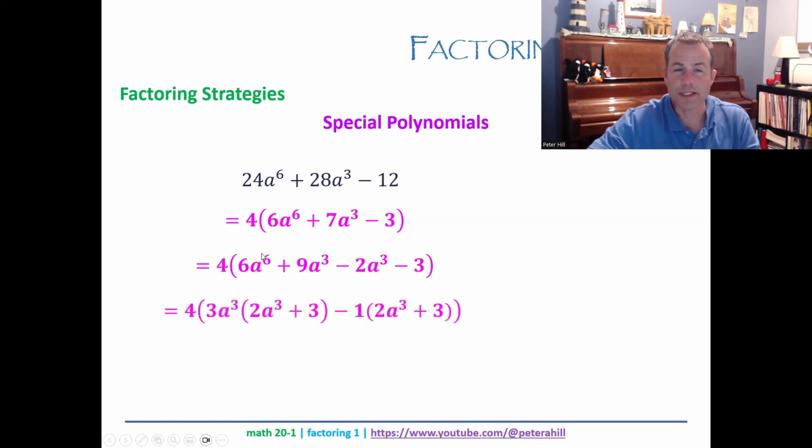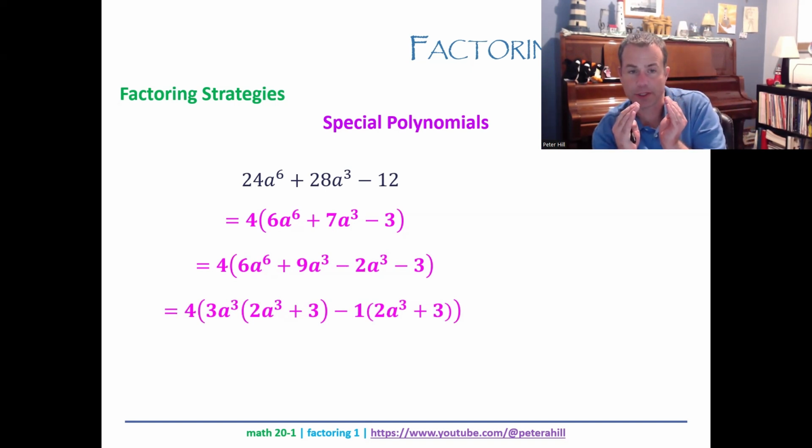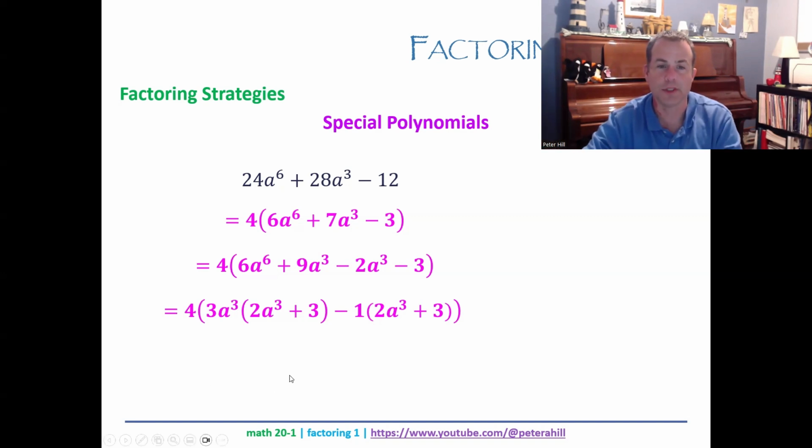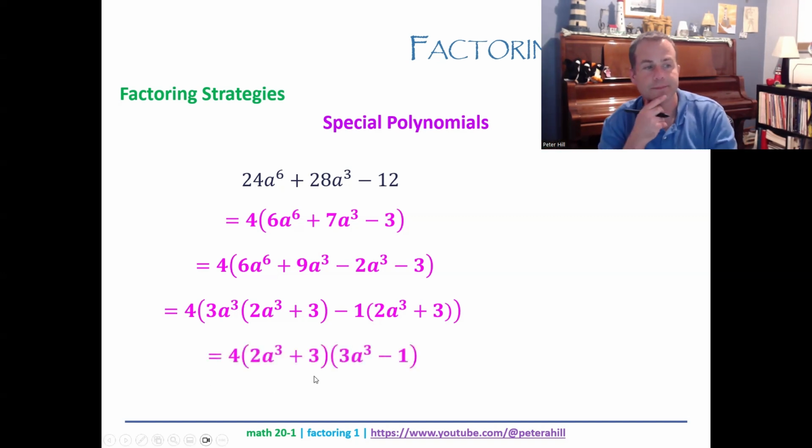I can take out a 3a cubed from the front two, and then I took out a -1 from the back two. And then I can see, hey, I've got the same thing in the brackets. Yay for me. Pull that to the front. So I'm going to have 4 times the 2a cubed plus 3 times what's left over there, the 3a cubed minus 1.